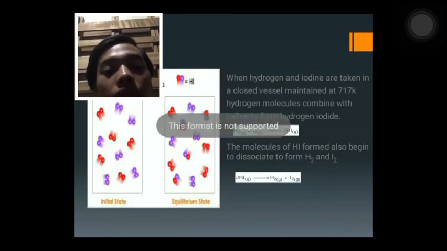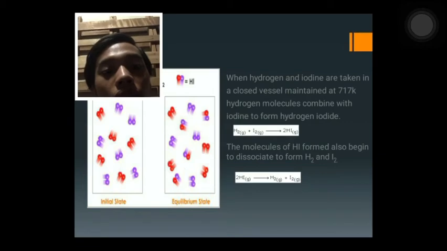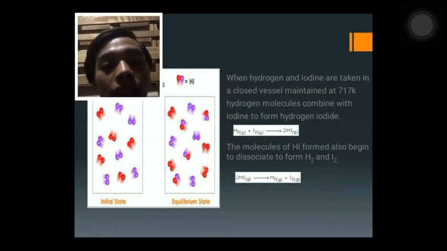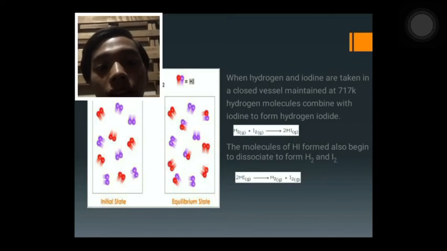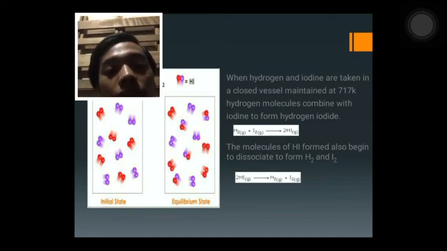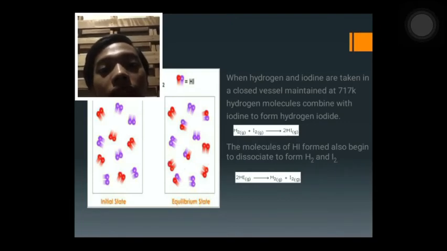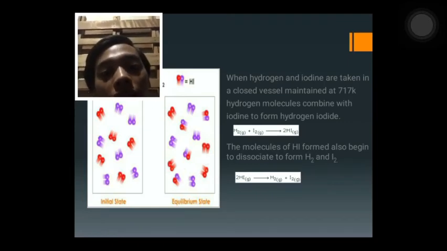So this is a diagram for iodine gas, hydrogen gas, and hydrogen iodide molecules. When hydrogen and iodine are taken in a closed vessel maintained at 717 K, hydrogen molecules combine with iodine to form hydrogen iodide.